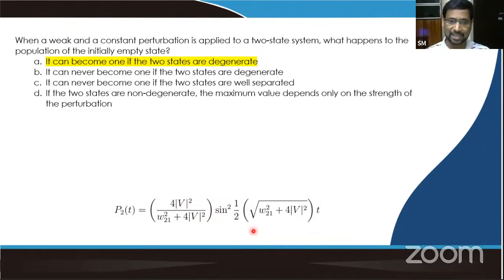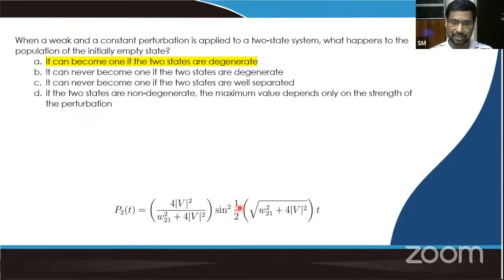Then I have a sine square term, which depends on the strength of the perturbation. When the two states are degenerate, the energy difference between them is 0, and the population of the second state, and therefore of the first state, simply changes as a sine square function. Its upper bound is 1; it goes from 0 to 1.